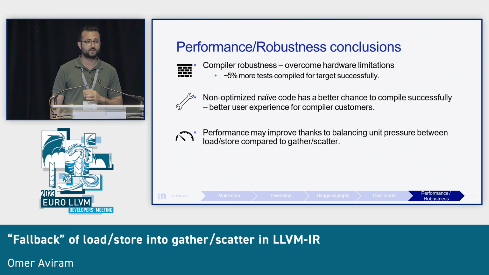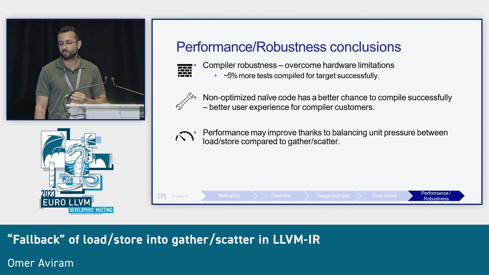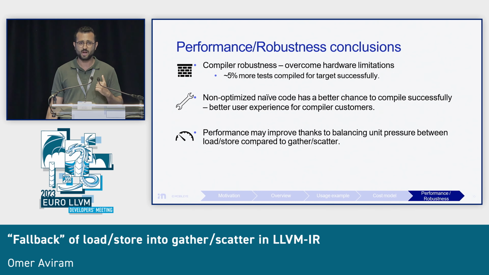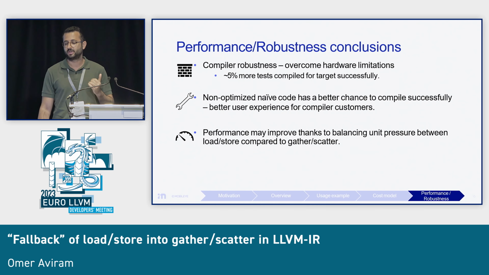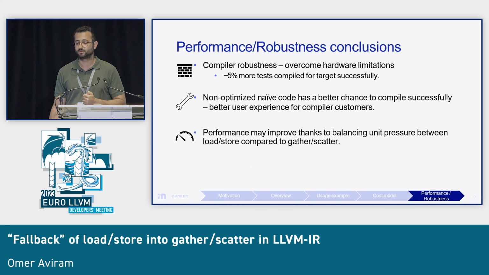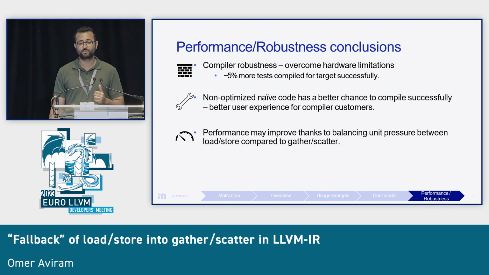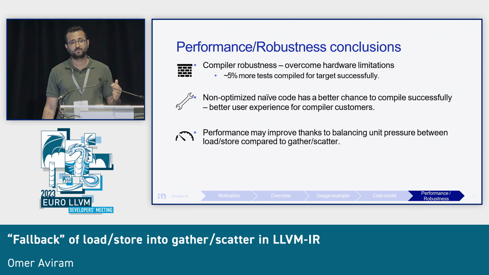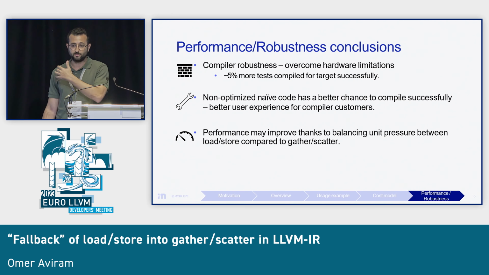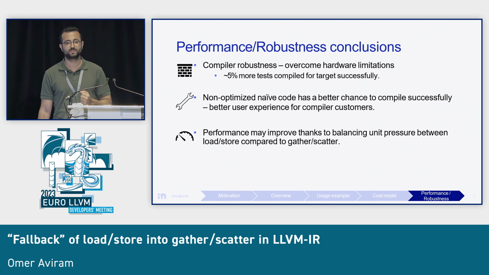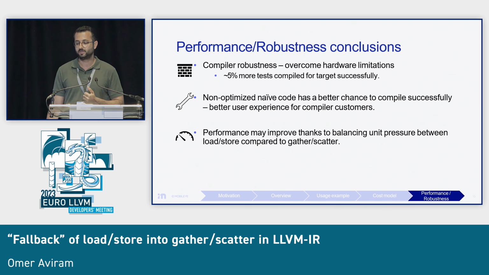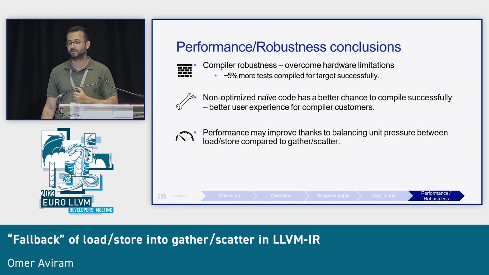So to conclude, I just want to present some performance and robustness conclusions from our experiments. So for starters, our compiler robustness has improved thanks to the fallback utility. We had some kernels that couldn't be compiled due to hardware limitations. But given the fallback utility that converts some of the load and store instructions, we managed to compile 5% more tests in our compiler.